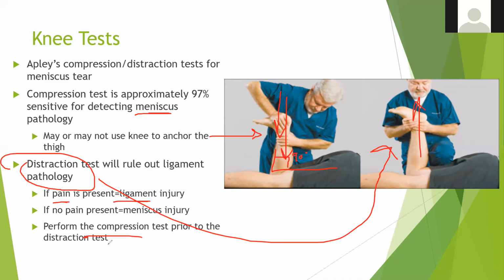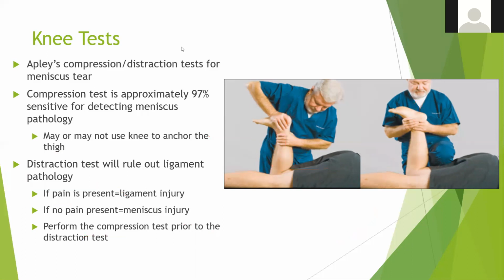You want to perform a compression test prior to a distraction test because a compression test is going to be less painful than the distraction test. And you may guard or try to hold your knee more in place after you do the distraction test.